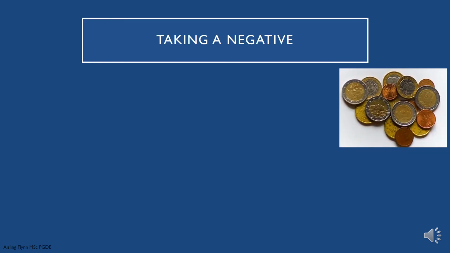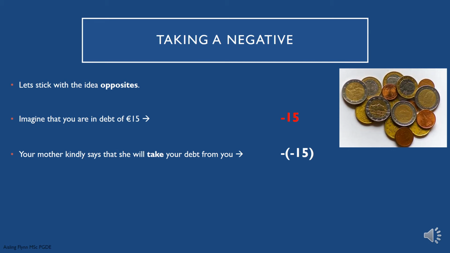Let's look at that another way now. The more ways we look at it, then maybe one will land and we'll understand it. Okay, so let's stick with the idea of opposites. Imagine that you're in debt of 15 euros. So you are down by 15 euros or minus 15. Let's say your mother kindly says that she will take your debt, so take it away from you, and she will pay it when she can.